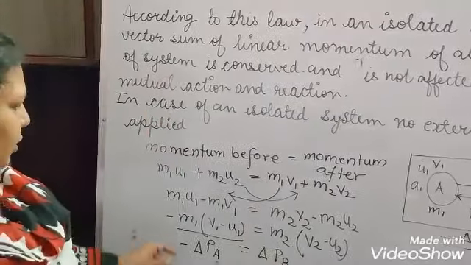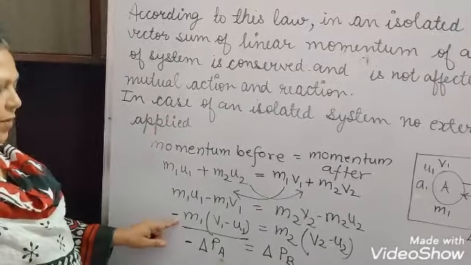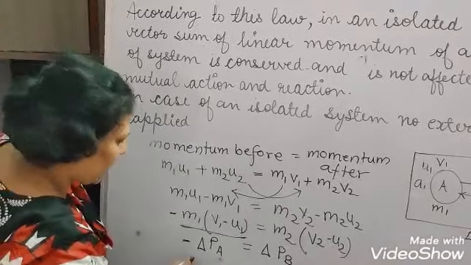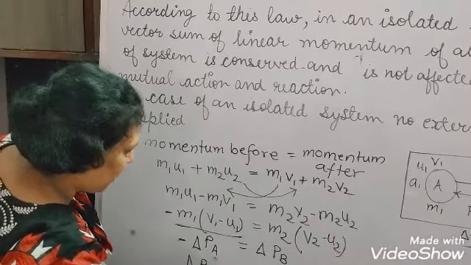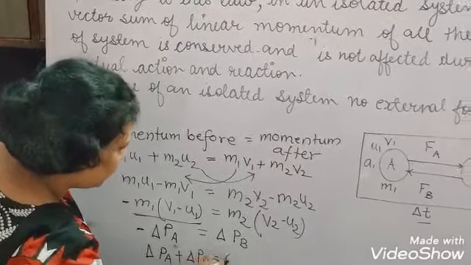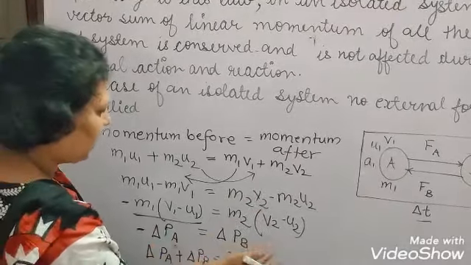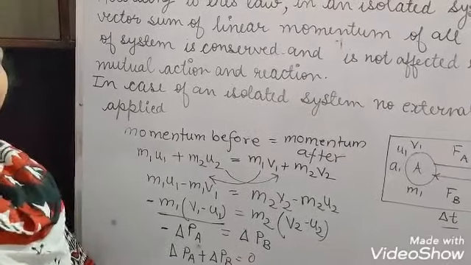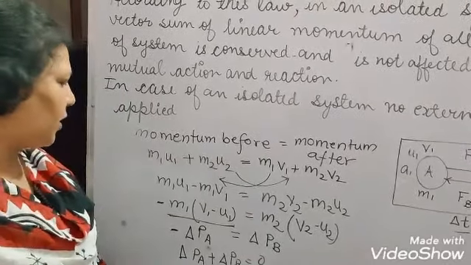Okay, so what we have observed here, we can observe del PA plus del PB is equal to 0. If you take this del PA this side, it will be del PA plus del PB is equal to 0.